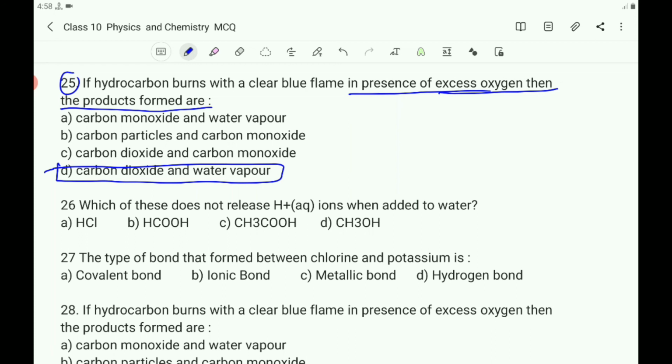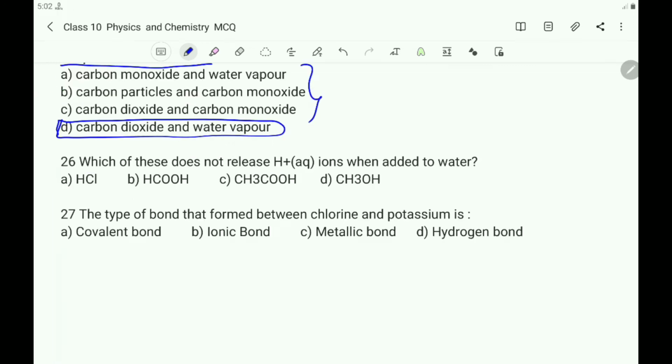That is, the products formed are carbon dioxide and water vapor. So option D is the answer. And what are the other options? Carbon monoxide and water vapor, carbon particles, and all these are in the case of incomplete combustion.